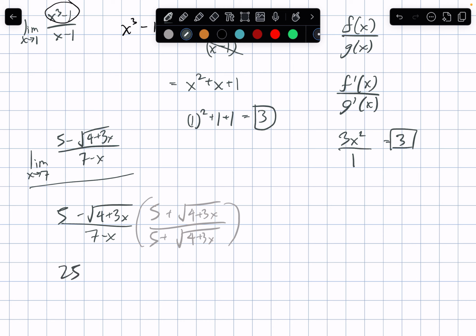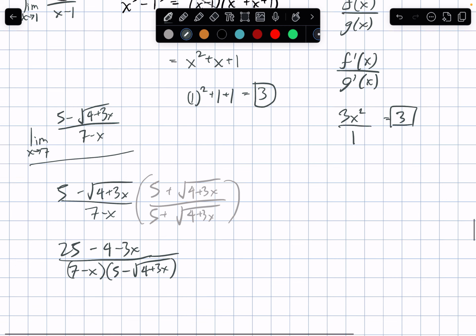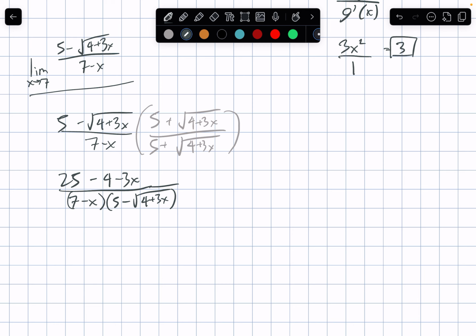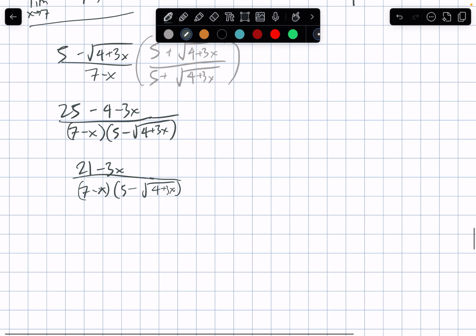So here, 25, FOIL method. We end up with that, and then below, simplify the numerator. We'll get this. So factor 3. We're going to have this.